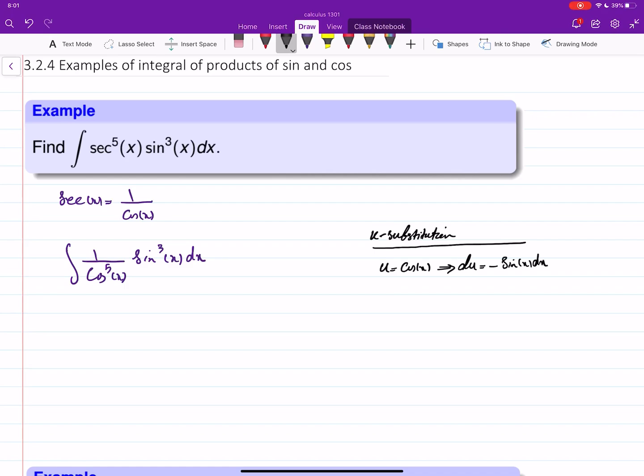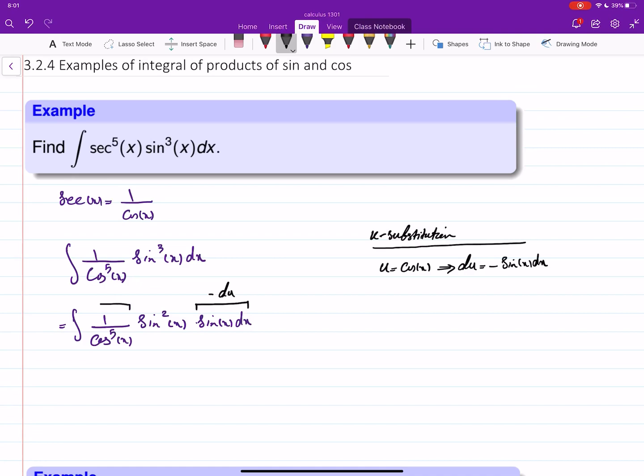And that minus sine x, we can generate by separating one of these powers. So I get sine squared x here, then sine x dx. Well, this is not du, there is a minus sign missing.